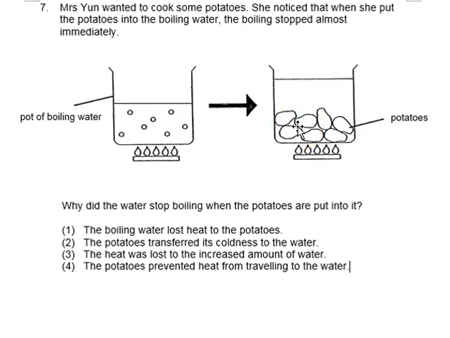Well, it looks convincing, but actually, the reason why the water is not boiling anymore is because there is a temperature drop, and the temperature drop is caused by the potatoes absorbing the heat from the boiling water. All right. So after that explanation, look through the options and make your choice.